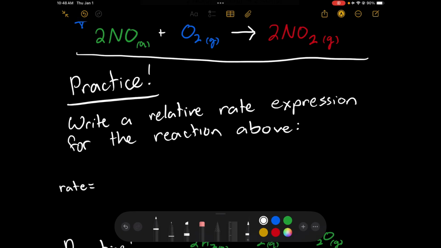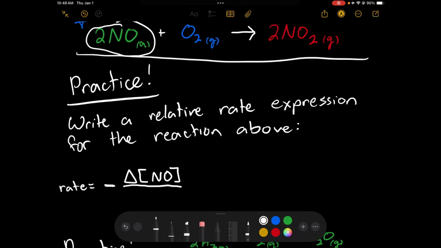So instead of trying to figure out numbers, you're just going to take what you have. This first reactant, NO, I'm going to say, okay, that's a reactant, so I know that its relative rate expression is going to be negative. Then I'm going to put the change in concentration, so that delta means change, and we're going to open a bracket and we're going to write NO, because that's all the information we have.